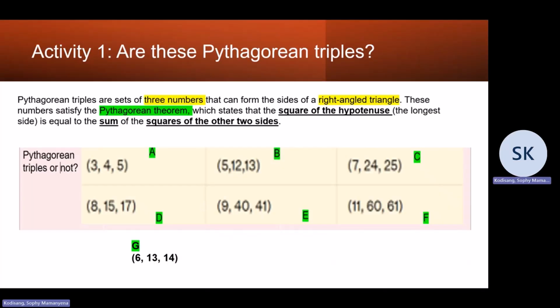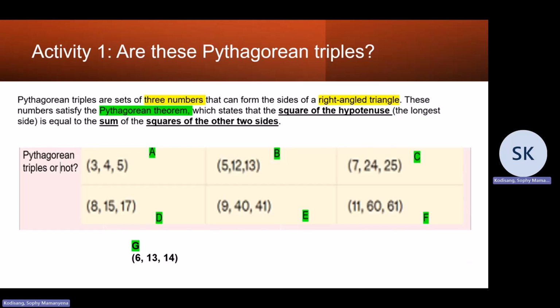Now, another important thing is we need also to be aware of the Pythagorean triples. Pythagorean triples are sets of 3 numbers that can form the sides of a right-angled triangle.